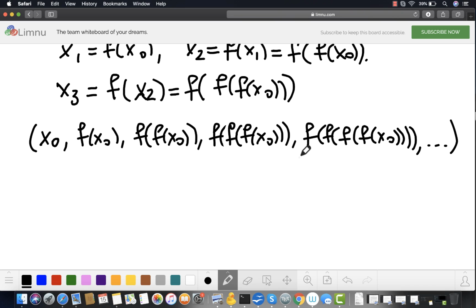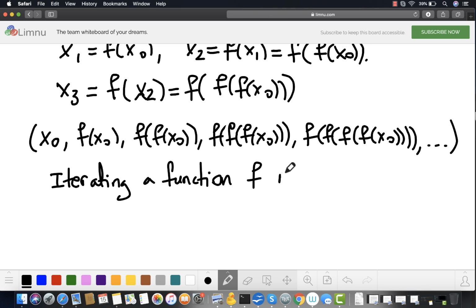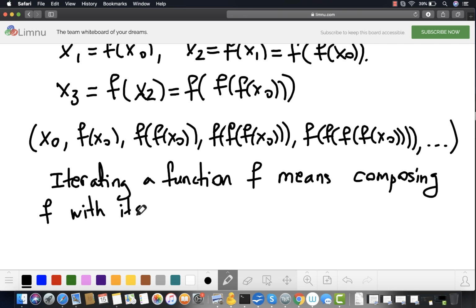So this operation of composing f by itself many times is known as iteration of functions. Iterating a function f just means composing f with itself n times. Sometimes you have a short notation for this.